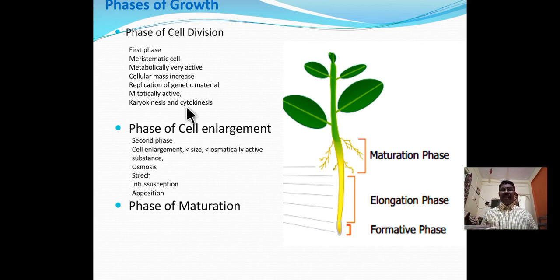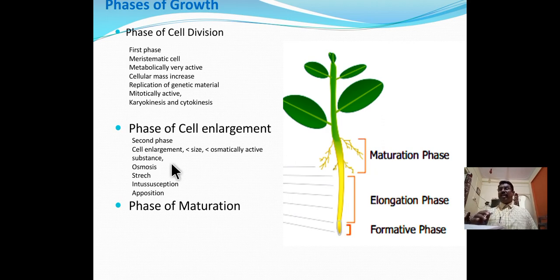The next phase is the phase of cell enlargement. It is the second phase of growth. The phase of cell division is followed by the phase of cell enlargement.